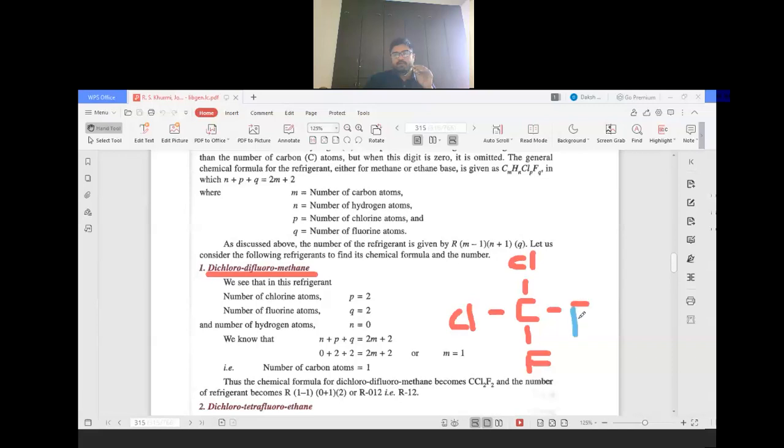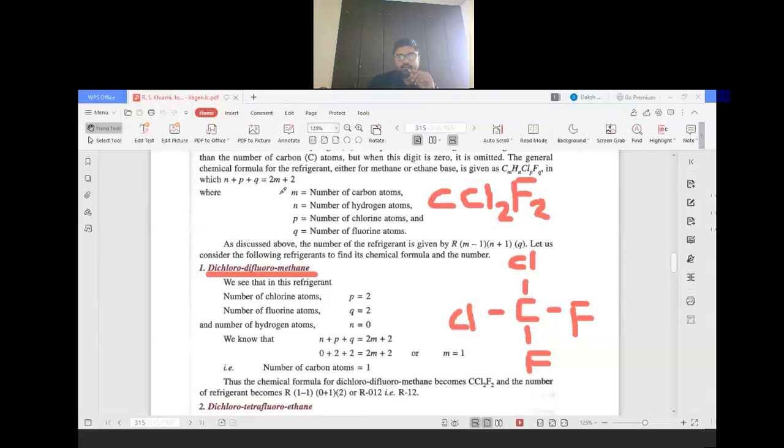The formula will be CCl2F2. Now here you can see, what is the number of carbon? 1.